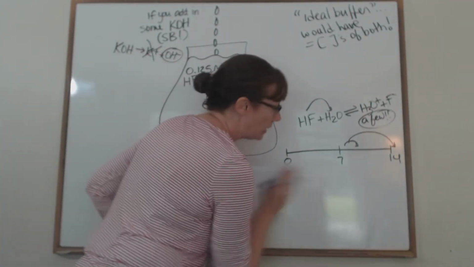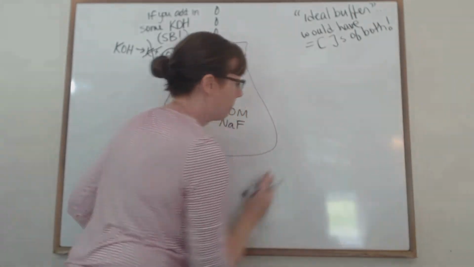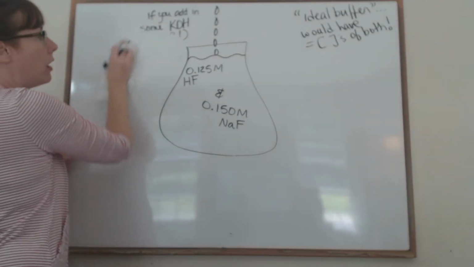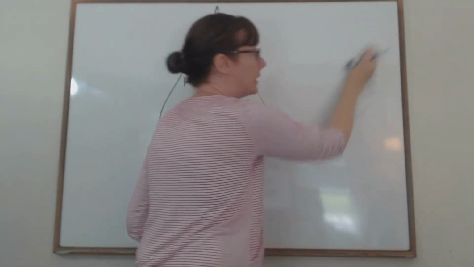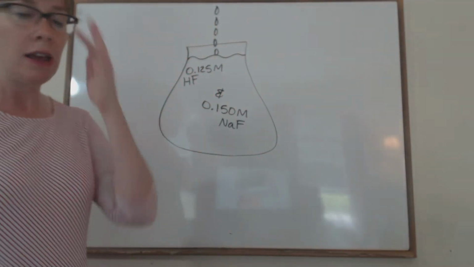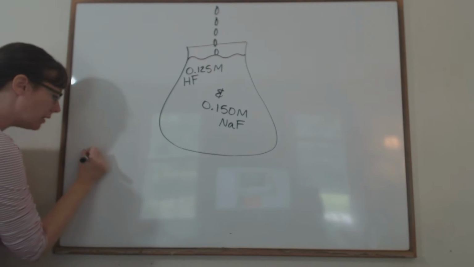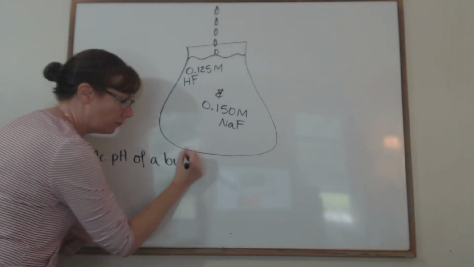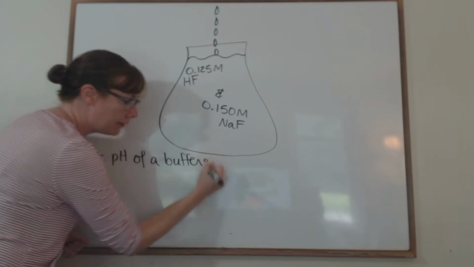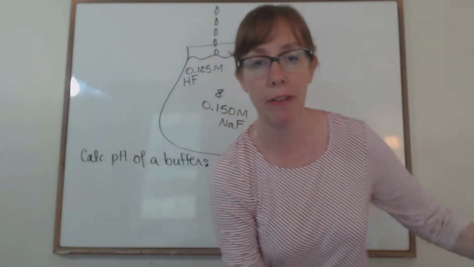Let's go ahead and use this buffer here to now talk about how to, and by the way, we will end up using that same concept in some of the next questions. Let's talk about calculating the pH of a buffer. You will be asked several times to calculate the pH of a buffer.